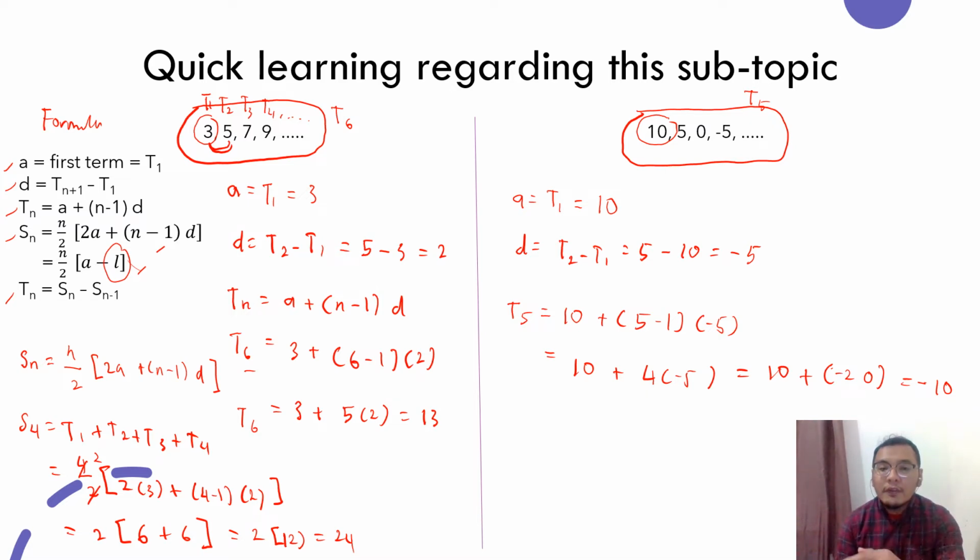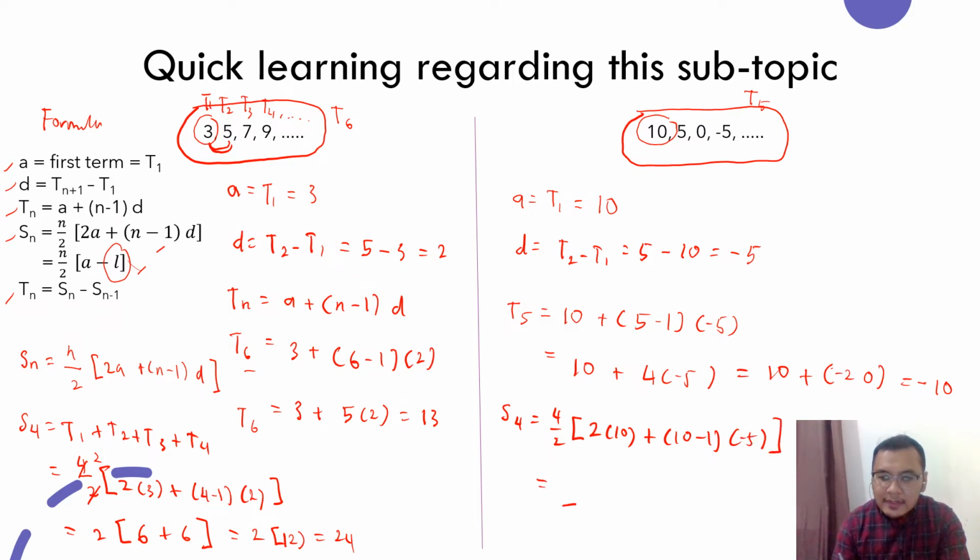For the second sequence number, we will also want to find S4. So 4 over 2, 2a is 10, plus 10 minus 1, and d is -5. You guys will get the answer.